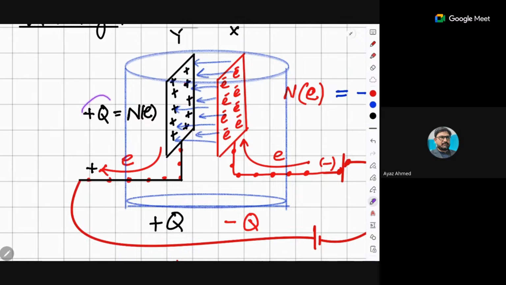So that is why this black plate has a positive charge Q. This positive charge and negative charge together are equal in amount, so the amount of positive charge and negative charge is cancelled out. As a whole, as a capacitor, there is no net charge, but on the plates there is a charge. You got this point?